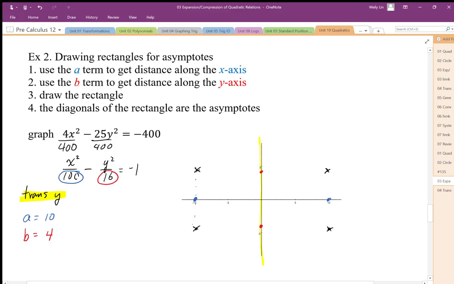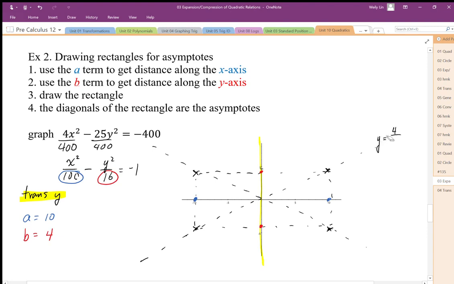I usually draw in the rectangle just as a frame of reference, but again, that's not super important. What's more important is that we get those corners, because those corners allow us then to draw, oops, I should draw this as an asymptote. It allows us to draw in our asymptotes. In fact, we know the slope of this asymptote is going to be the ratio of rise to run.